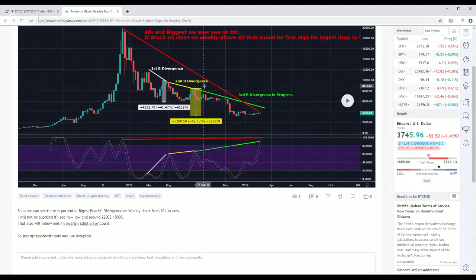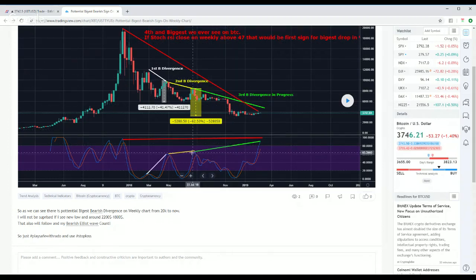Now, this is what is truly disturbing here. If the RSI closes here above this area, that would signify the biggest divergence that we've had, or the fourth one in a row.